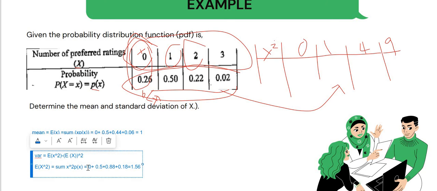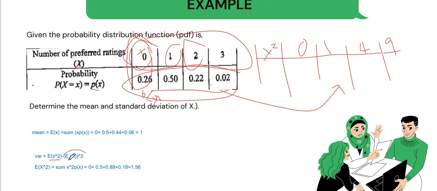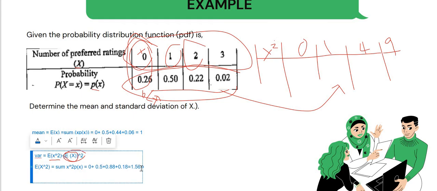Another second part is what? This one. Okay, kita baru settle yang ni. So now we want to find this one. You already calculated just now. This one means E of X, which is the mean, and then you power 2. Tu je. You dah calculate pun mean dia tadi kan? So I just write like this lah. Close the bracket and then power 2.